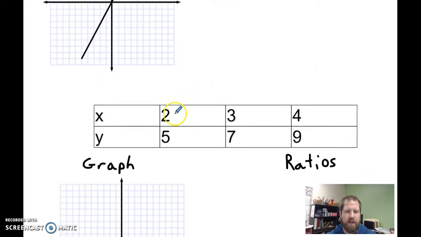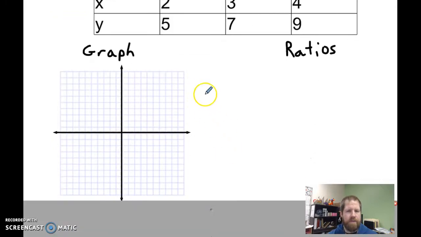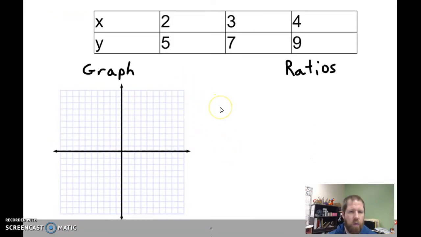Down here, x increases from 2 to 3, that's 1. Y increases from 5 to 7, that's 2. My slope is the same. My slope is 2 over 1. The difference is going to be where my line is at. So if I come over 2, up 5, over 3, up 7, over 4, up 9, you can see I still have that same slope.